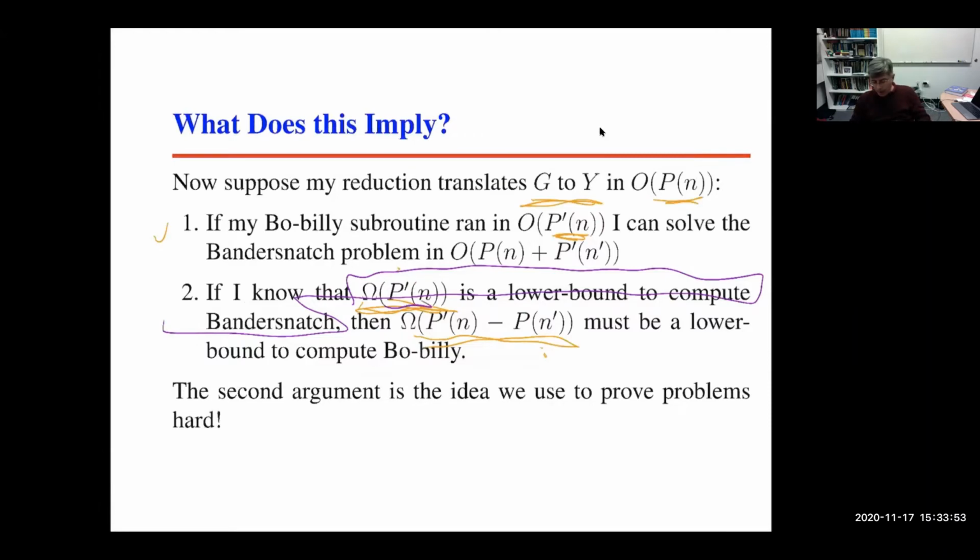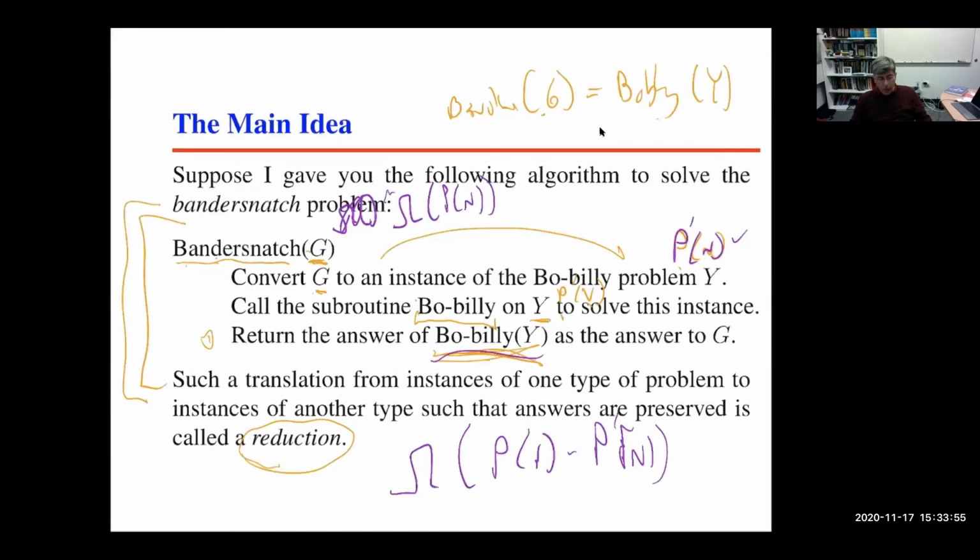Then if I have an algorithm here which solves Bandersnatch by doing a translation and calling a subroutine, if the translation is fast and Bandersnatch must be slow, then this algorithm proves that mobility also must be slow. That is the idea here. Okay? Any questions about that?